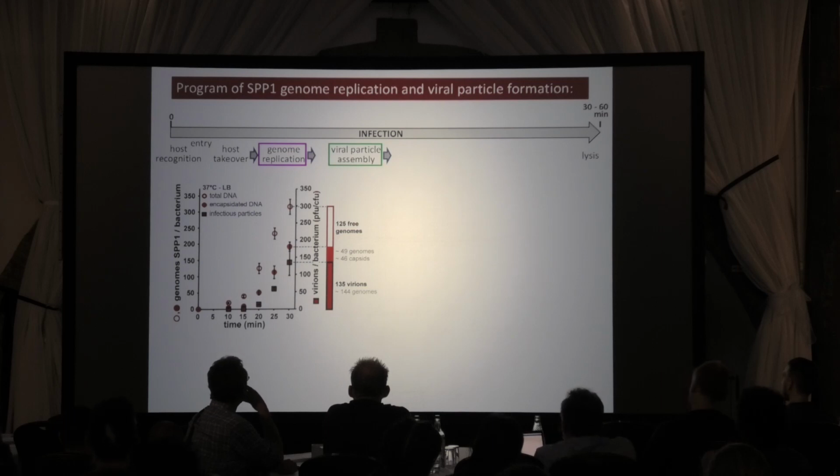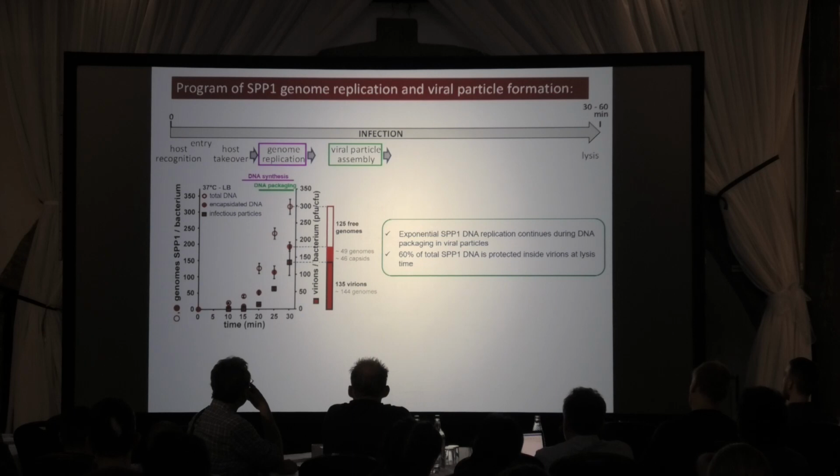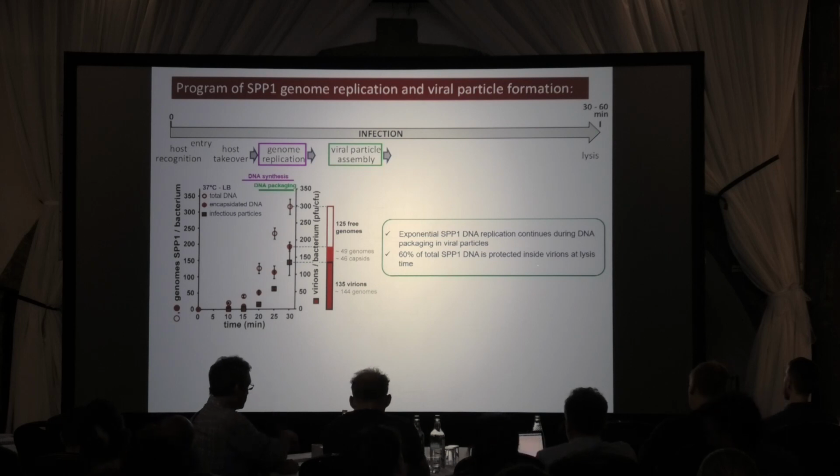We can then follow the formation of particles with DNA by making DNase protection before the qPCR quantification. Finally, we correlate these to the number of infectious particles, and we come to numbers like 60% of the total SPP1 DNA protected inside virions at least at lysis time.